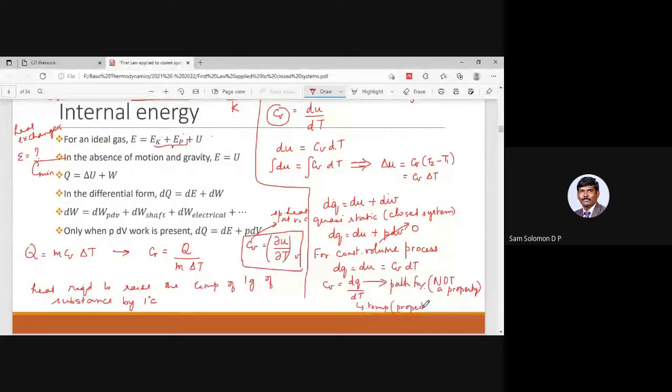And technically speaking, I should have written this at constant v, where the specific volume is also a property. But in the numerator, I have a path function, which is not a property. And because of this, I may tend to call the specific heat also a path function, but it is not so. Your CV, irrespective of the path taken, is going to be the same. Your CV is a property.